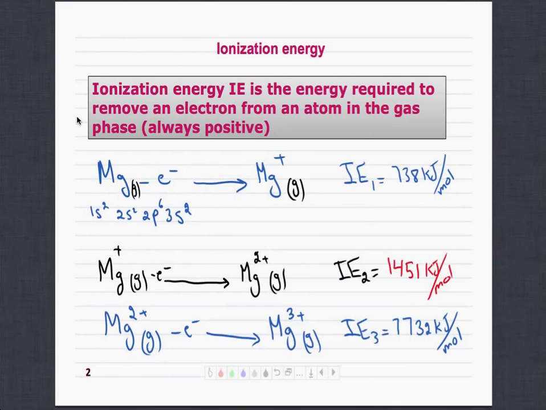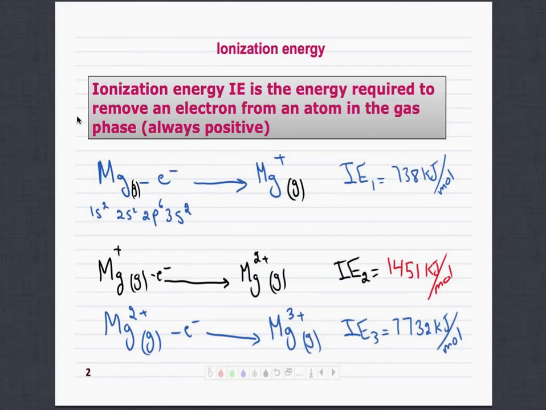So it is electron-proton attraction, and when I want to take the electron out of the atom, that means I have to put enough energy to overcome the attraction between the proton, which is positive, and the electron that is negative. And we said by definition that that's only for the gas phase.